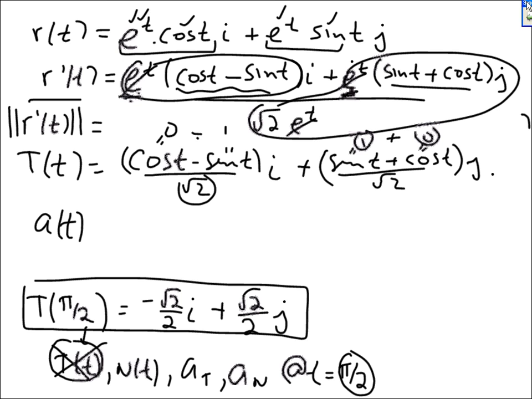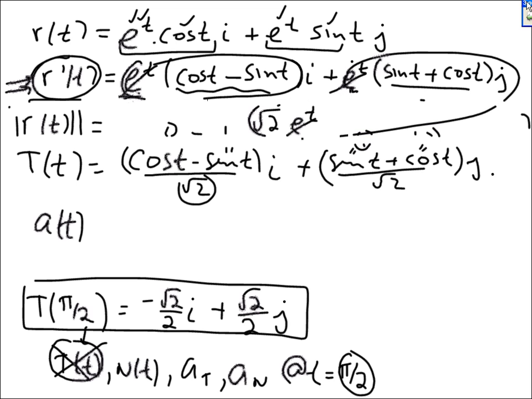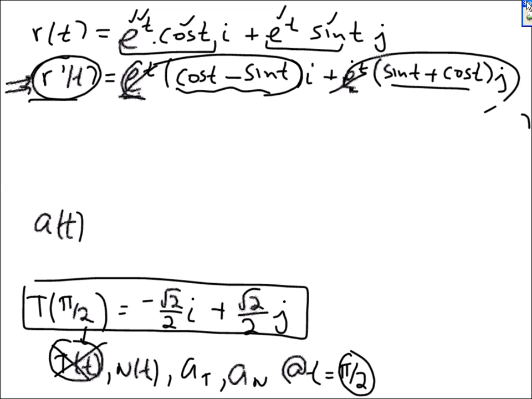A of t is the derivative of r prime. So I'm looking at the second line. Let me erase the magnitude of r prime of t.